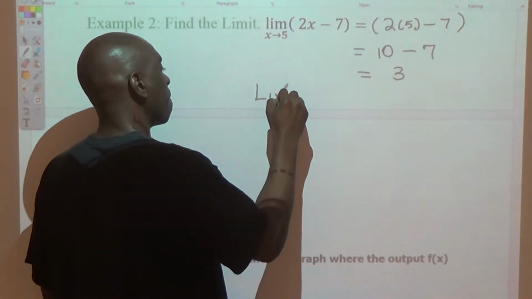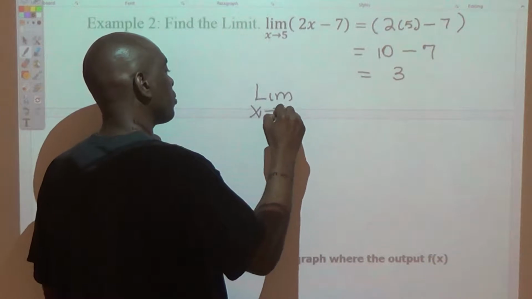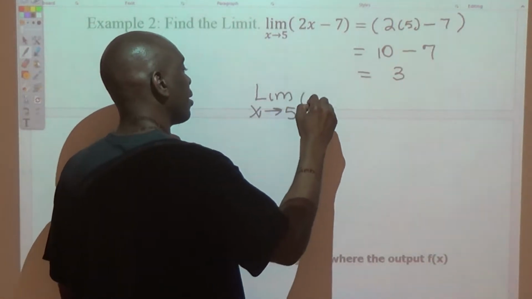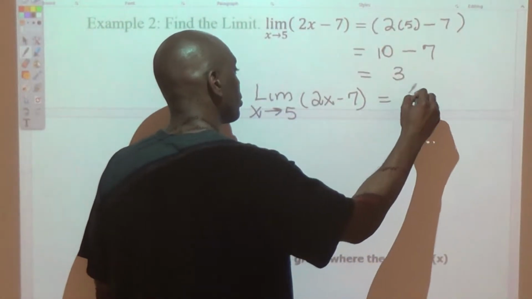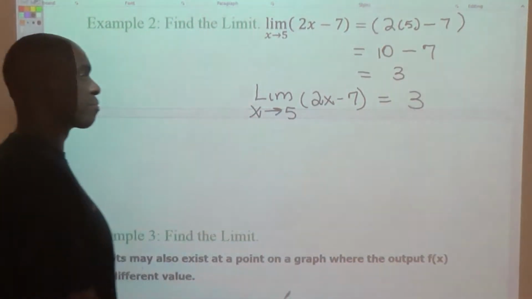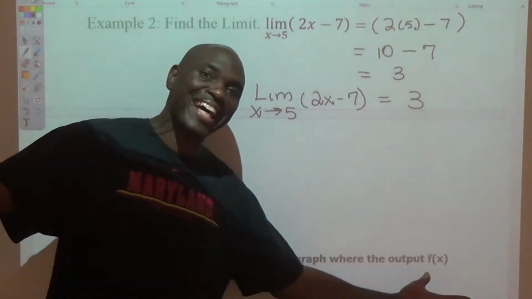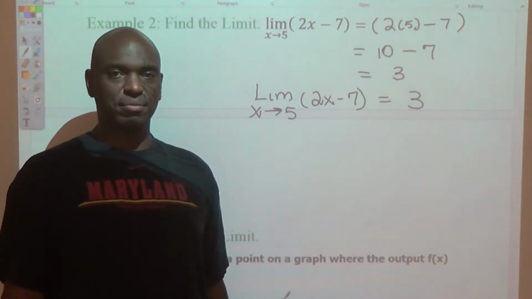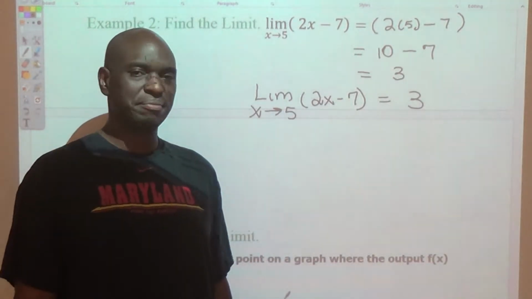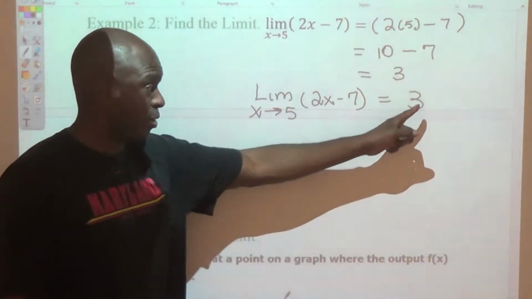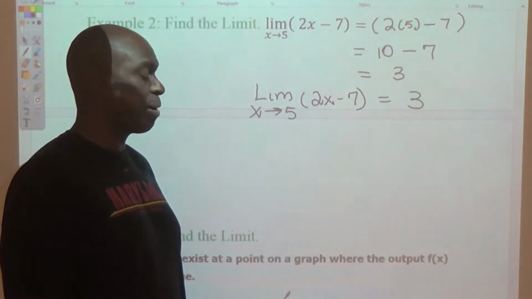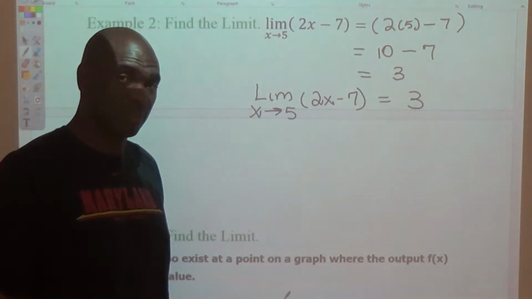So the limit as x approaches 5 of 2x minus 7 equals 3. That's it, 3, by way of direct substitution.